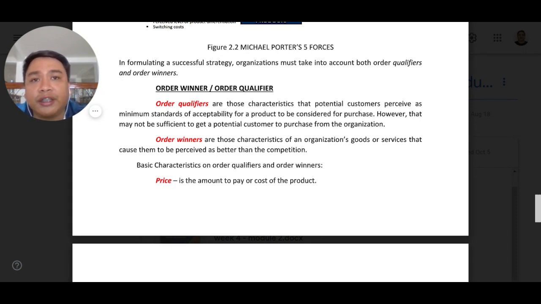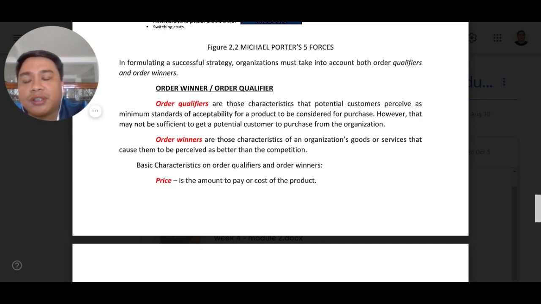Diba? Ganun yung nag-set na standards. Pero si McDonald's, meron siyang digitalized ordering system. Yung parang malaking tab na dun ka nag-order. That sets them apart in terms of setting the standard of what we call order winners and order qualifiers. Okay? So those are examples of order winner and order qualifier.